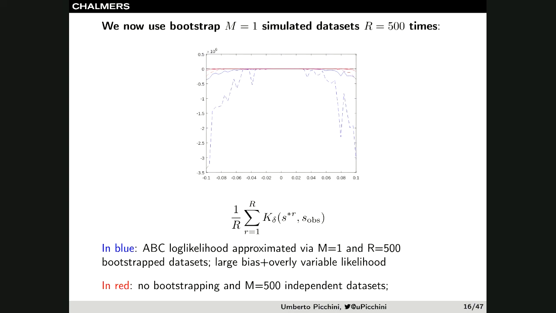But let's see if instead, at each iteration, I only produce one simulated dataset and I resample 500 times. So what you see here is the tails in red of the previous figure, which was of the order 10 to the power of 5. And in blue, here we see the approximated likelihood from the resampling approach when we use M equal to 1 and R equal to 500.